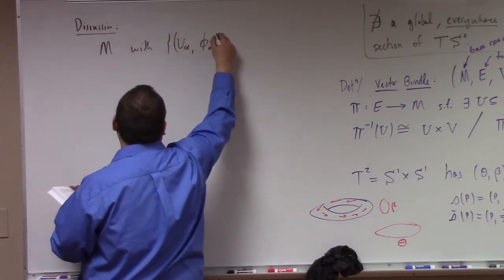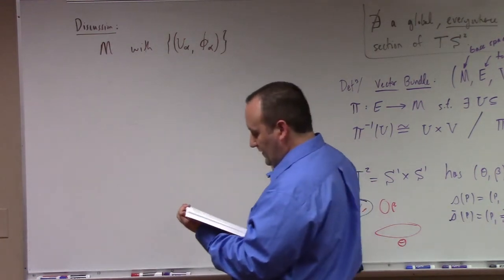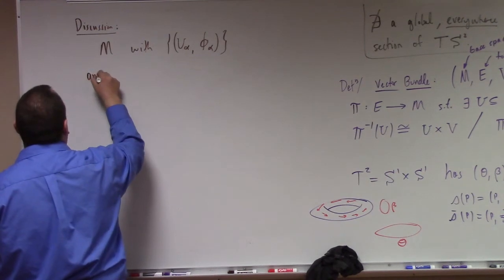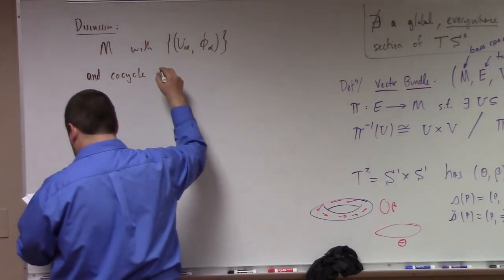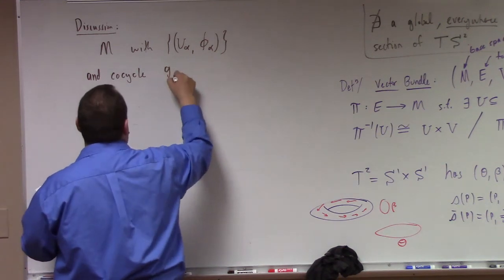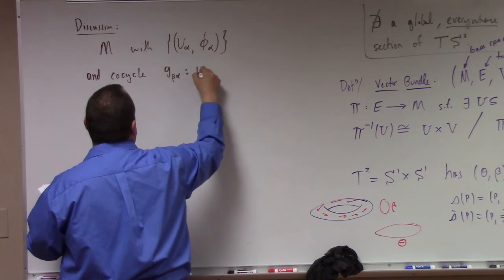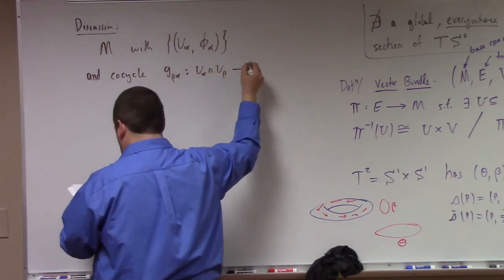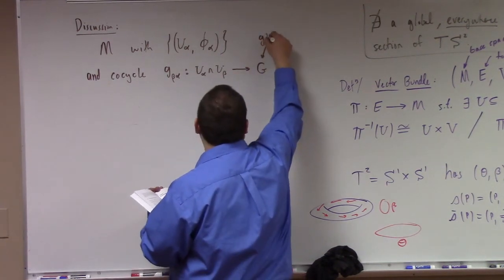I've been using X sub alpha for that, but we'll use phi now. Coordinate chart. And a cocycle. Cocycle, what on earth is a cocycle? G beta alpha, which is going to be a mapping from U alpha intersect U beta to G, where this is a given Lie group.